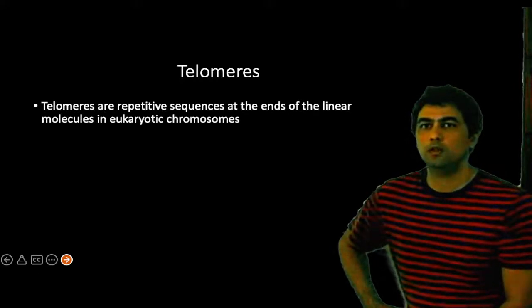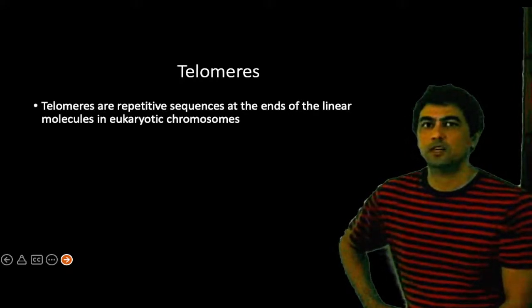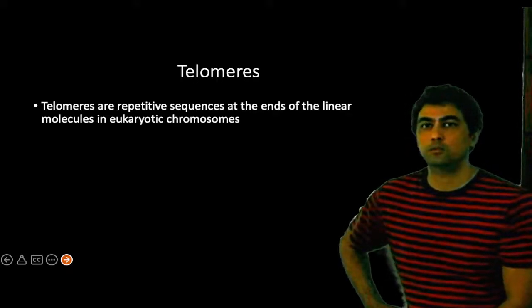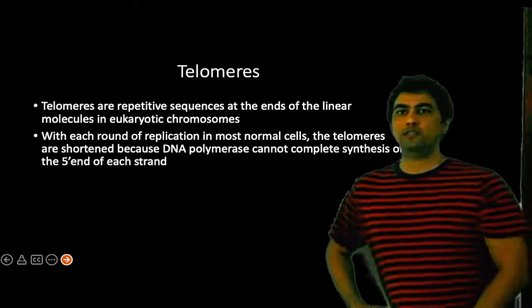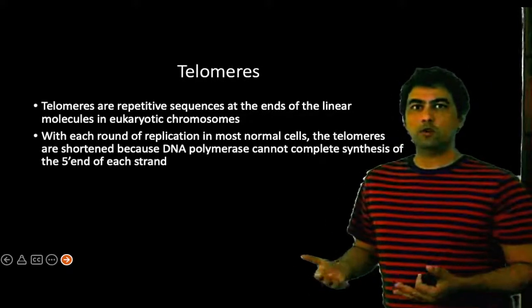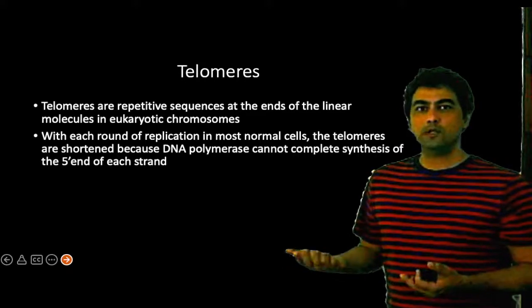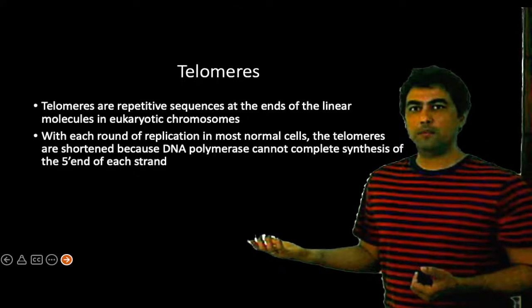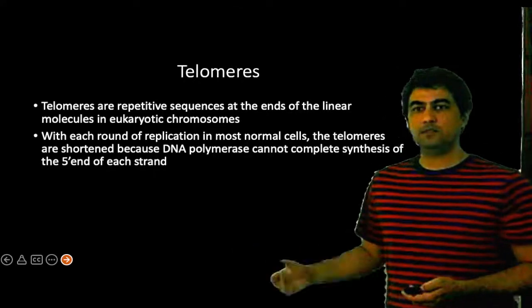Telomeres. Telomeres are repetitive sequences at the end of linear molecules in eukaryotic chromosomes. With each round of replication, in most normal cells, the cell cannot complete synthesis of the 5' ends of each strand.